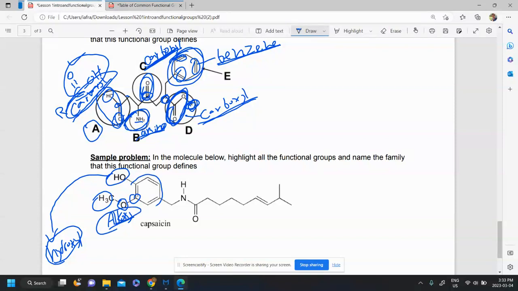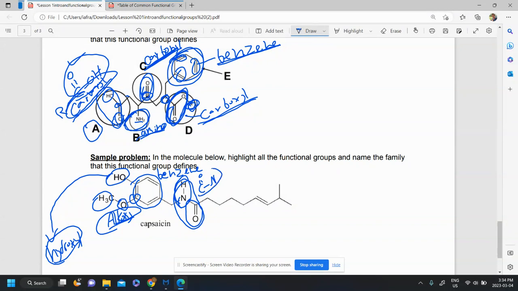You could identify this one over here as a benzene ring, making an aromatic hydrocarbon. Keep in mind this molecule itself is not a hydrocarbon because a hydrocarbon is really only carbon and H's. Look, we have an N over here, but be careful. The carbon right next to it has a double bond O. So we have a C double bond O with an N, and then there's H and a carbon chain.